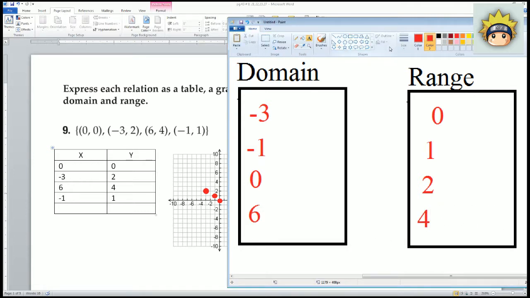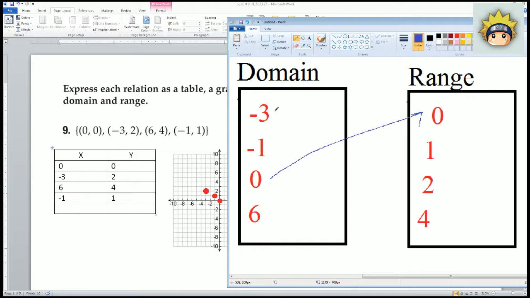Now what we have to do is draw an arrow. Each arrow represents an ordered pair. The first one is 0, 0, so I'll go from 0 here to this 0. That is one arrow. The next one is -3, 2.